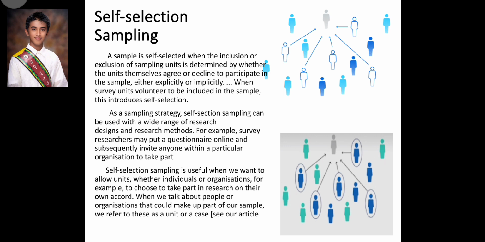As a sampling strategy, self-selection sampling can be used in a wide range of research designs and research methods. For example, survey researchers may put questionnaires online and subsequently invite anyone within a particular organization to take part. Self-selection sampling is useful when we want to allow units within various organizations, for example, to choose to take part in research of their own accord.